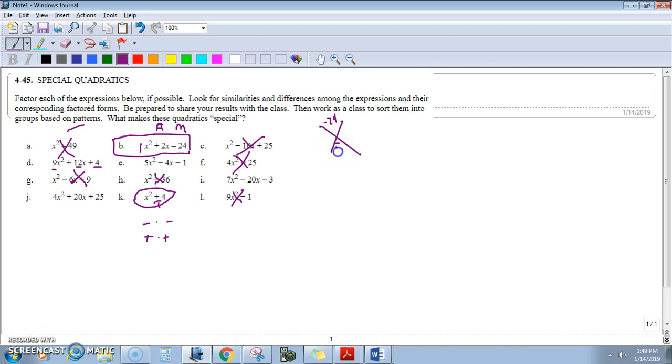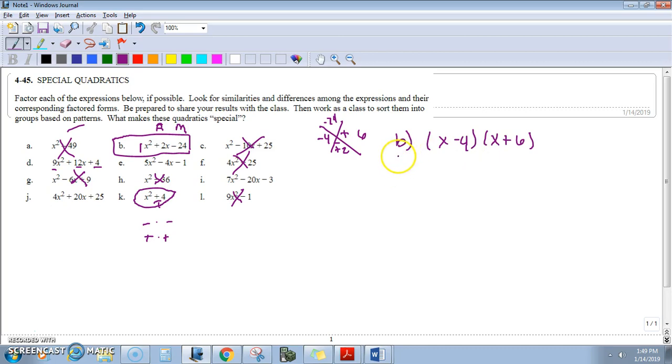They add up to be a positive, which means one must be negative and one must be positive. The positive is going to be the bigger number. And I'm going to go with negative 4 and positive 6. So B is just going to be x minus 4 times x plus 6. It could be x plus 6 times x minus 4. It doesn't matter which way you write it.